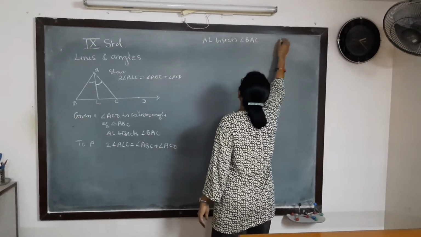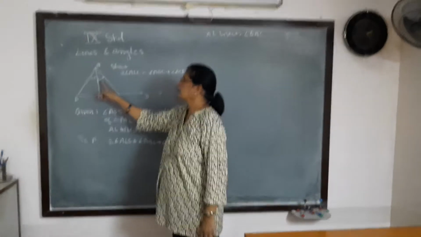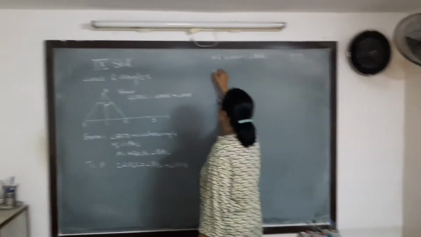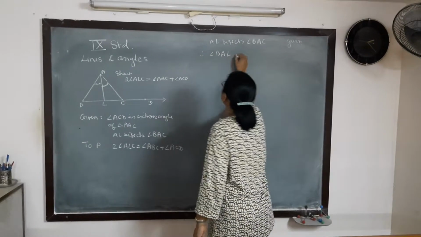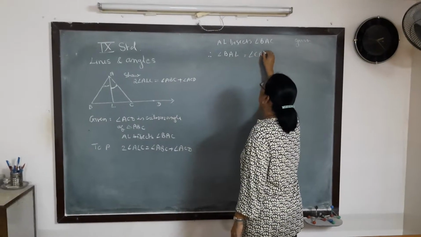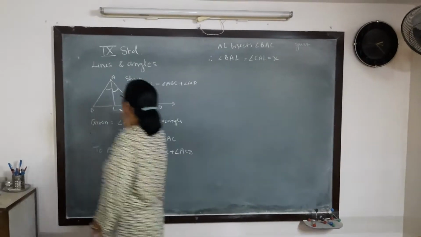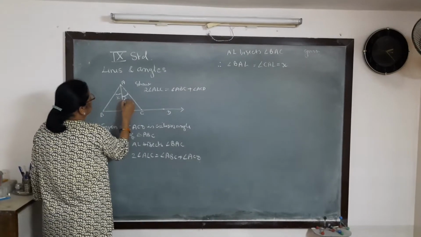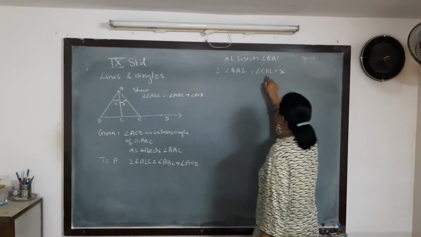This is given to us, and therefore BAL is equal to CAL. So angle BAL is equal to angle CAL, and I am taking them as x. Let this angle BAL and this angle CAL, both of them be x each.